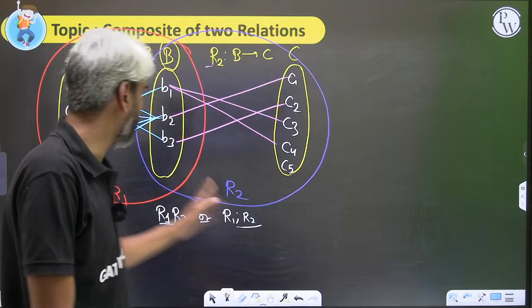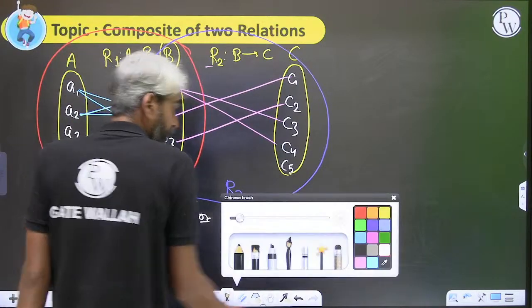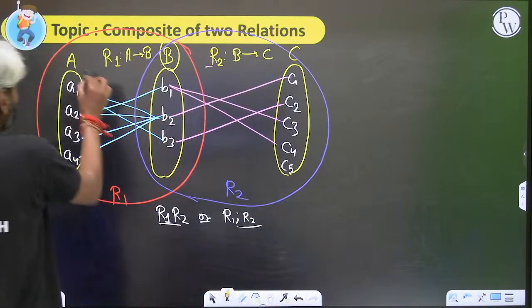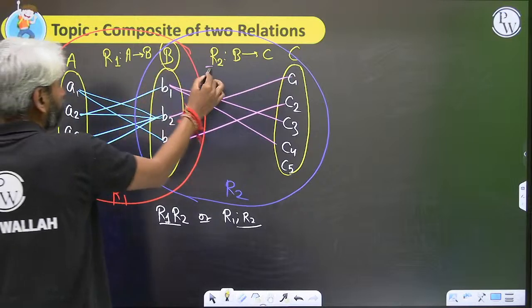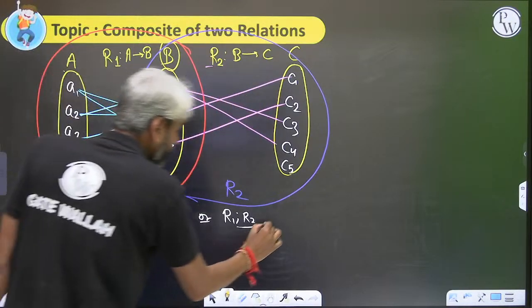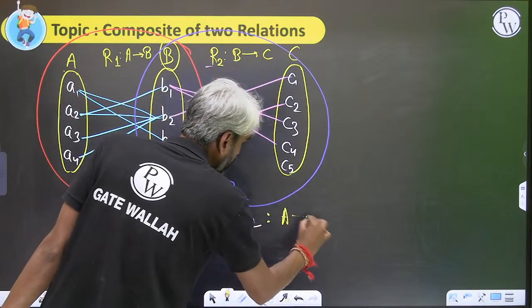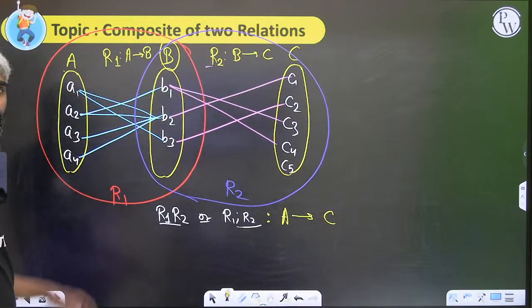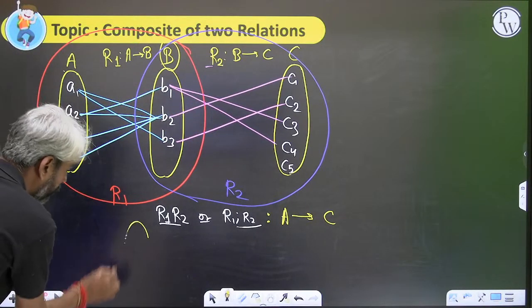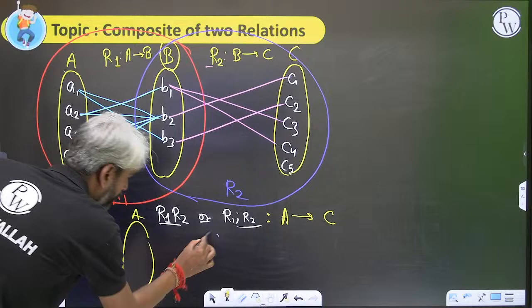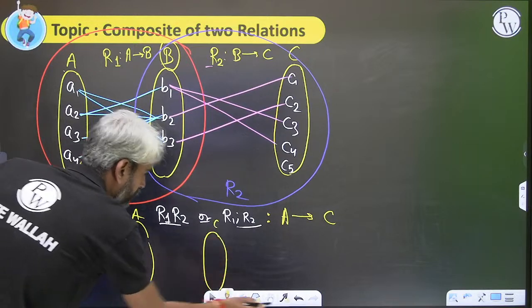So what happens in R1R2? Please try to understand. R1 is a relation from A to B, R2 is a relation from B to C, then R1R2 will be a relation from A to C. So what will be the type of relation?